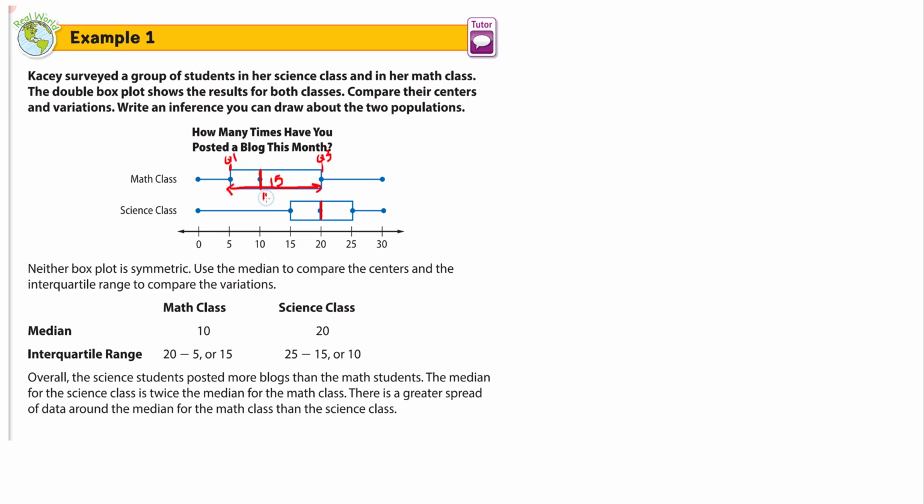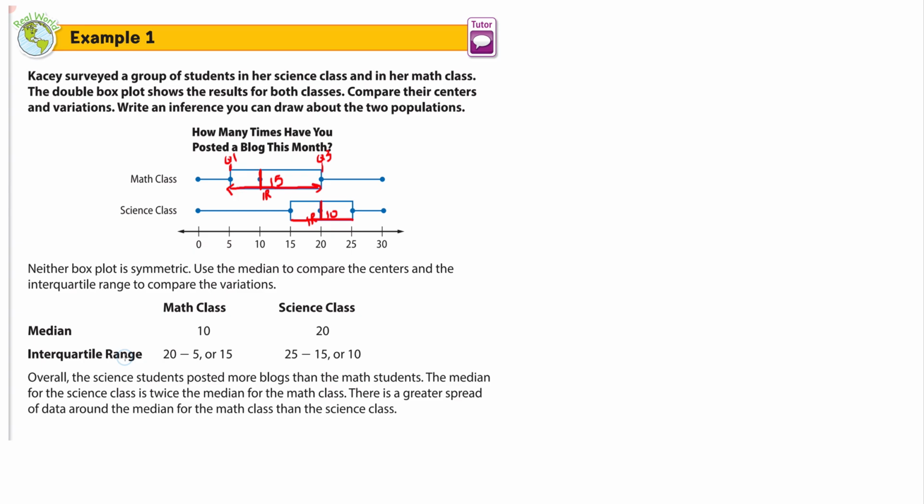So this is the interquartile range for the math class. For the science class, it goes from 15 to 25 here. For the science class, this is only 10. So the interquartile range is only 10 for the science class. Interquartile range is a measure of variability.